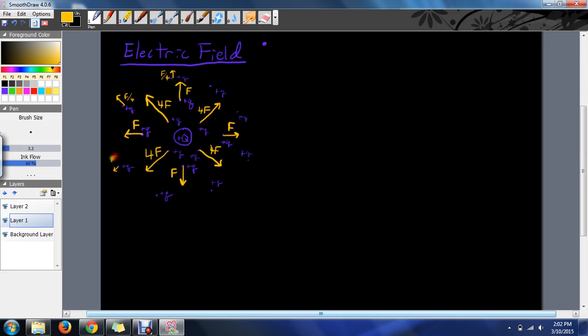So you want to make sure the vectors point away and their magnitudes represent the force accurately. So I'll just draw these as arrows to save time.